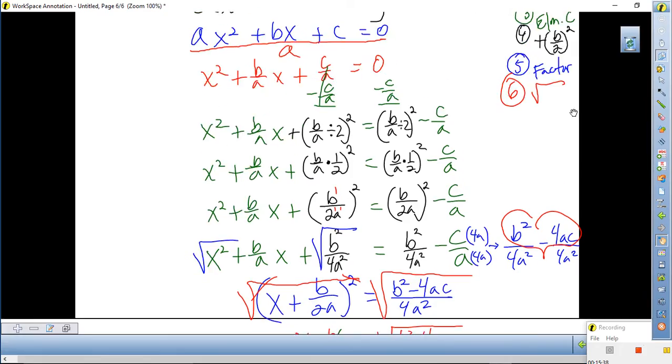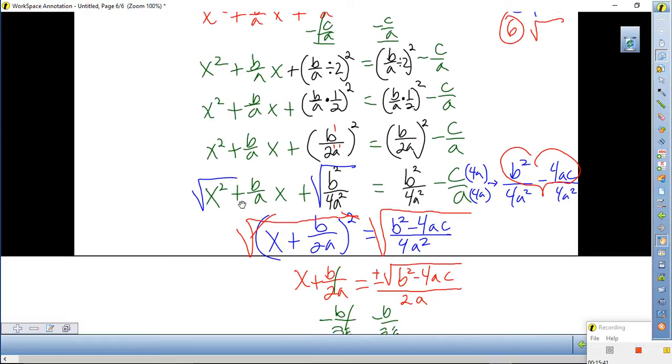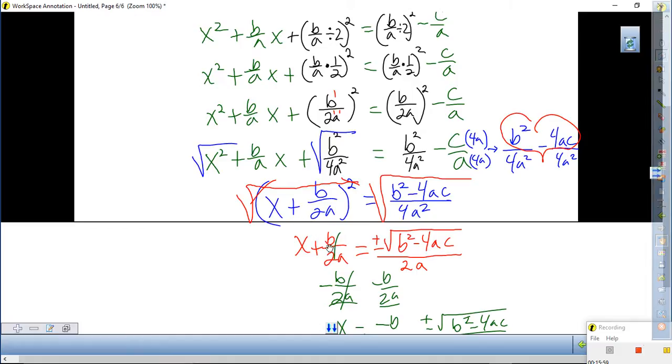From there, we factor each side. We factored this side by using the shortcut, which is the square root of the first and the third term. We get this squared equal to this, and we combine it by finding the common denominator. There it is. Step 6, which is the last step, we take the square root of this to cancel this squared. We end up with x plus b over 2a.